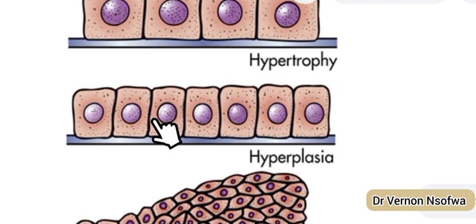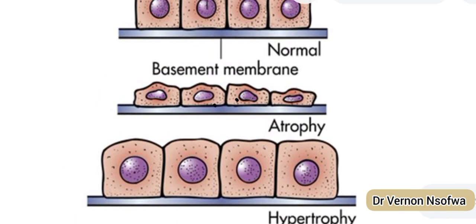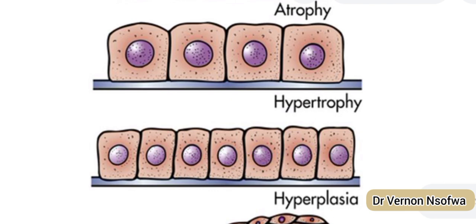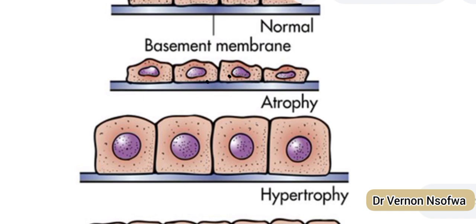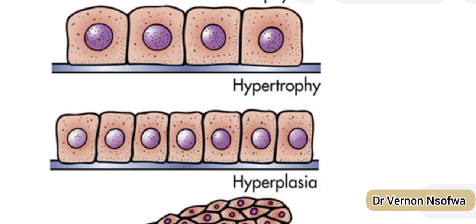We also have another type of cellular adaptation, which is called hyperplasia. If you compare these cells to these cells, how many cells do we have here? We have 4 cells, but when we look at this, we have 7 cells. What has happened? These cells have multiplied to form 7 cells by mitosis.